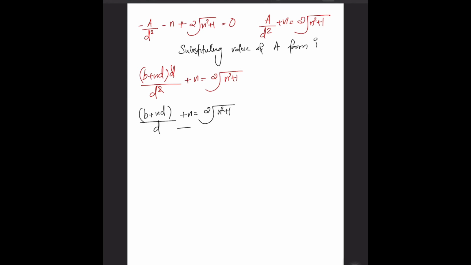Taking the LCM over here and simplifying, we will get (b plus 2nd) by d will be equal to 2 root of n square plus 1, or (b plus 2nd) by 2 is equal to d into root of n square plus 1.